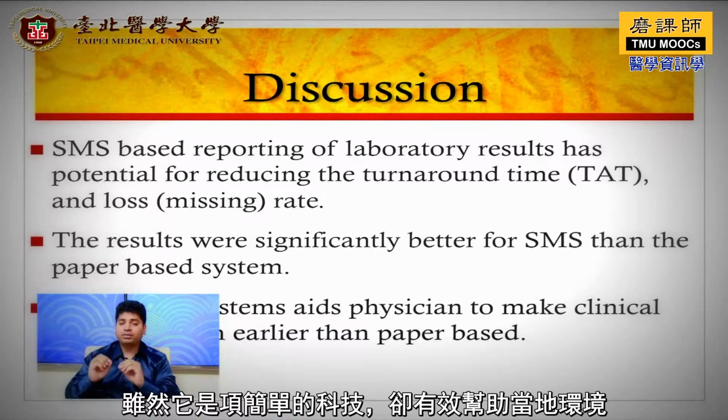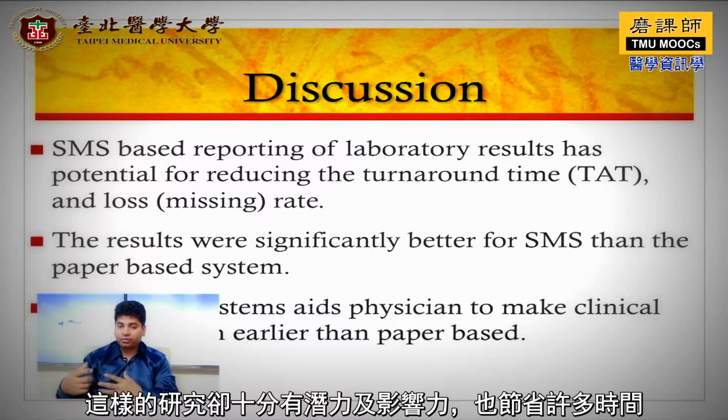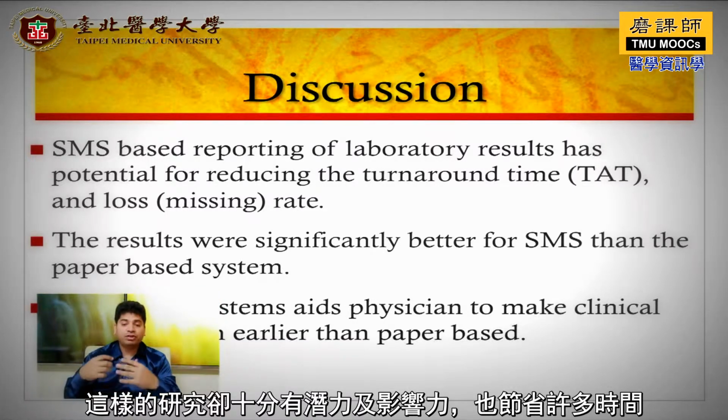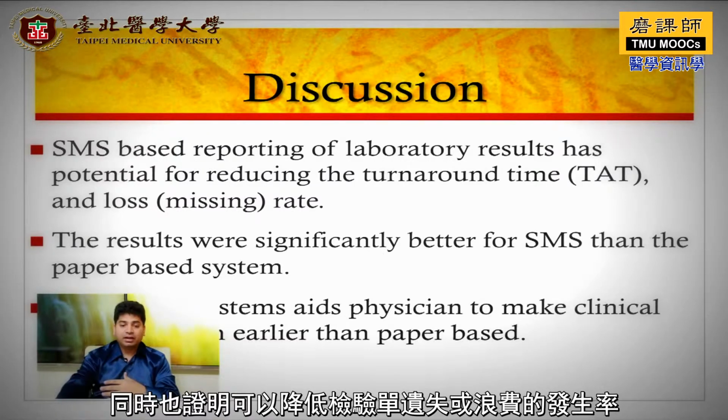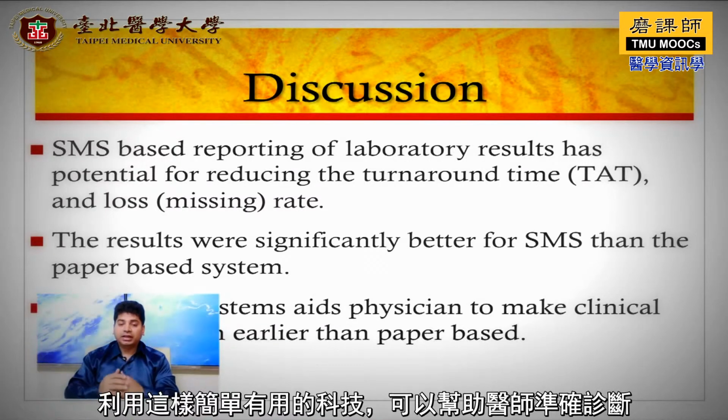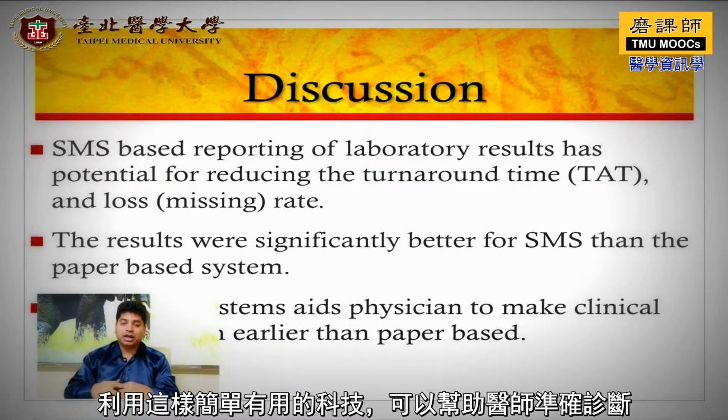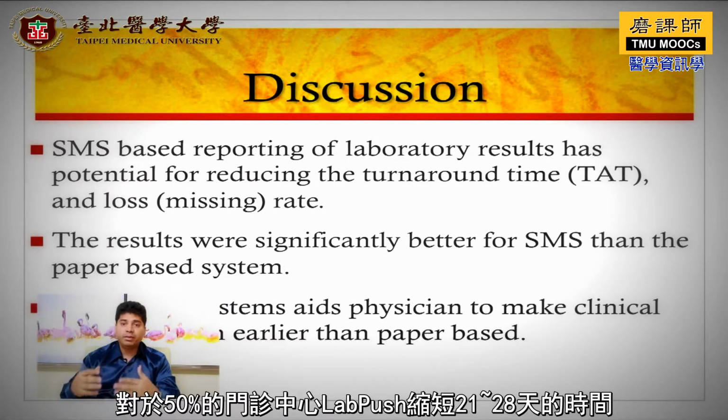However, it is a very simple system, but it proved to be an effective one. SMS-based reporting of lab results has potential for reducing turnaround time and the loss rate of missing reports. The results were significantly better for SMS compared to paper reports. SMS-based systems aid physicians to make clinical decisions much earlier than paper-based ones.